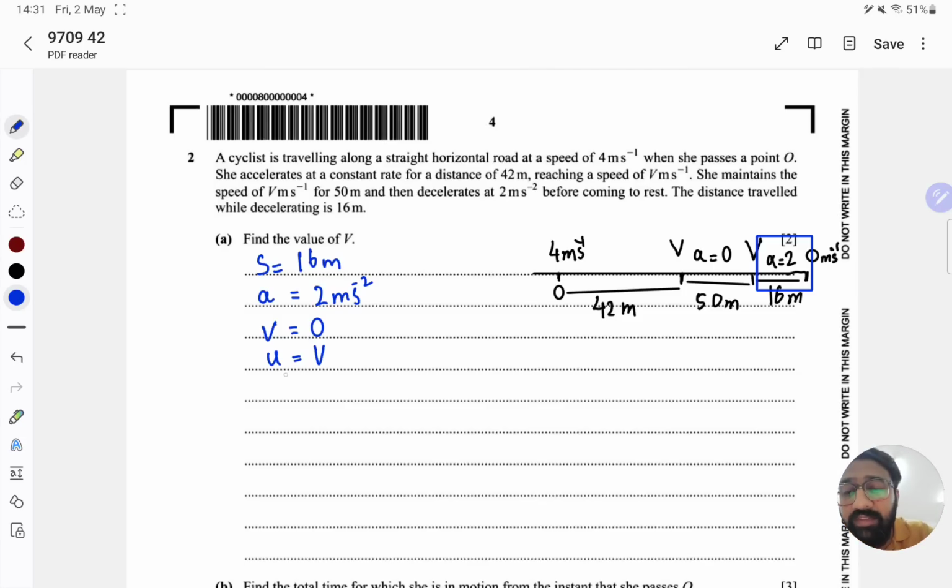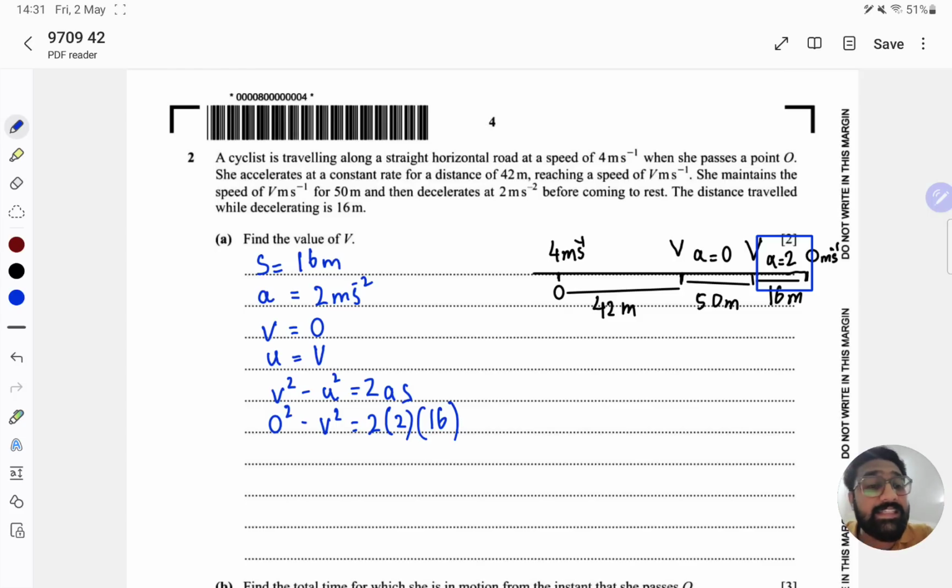So we can use v square minus u square equals 2as. We need to find the value of v. So final speed is 0 square minus v square equals 2 times acceleration, which is 2, and the distance covered with the acceleration is 16.